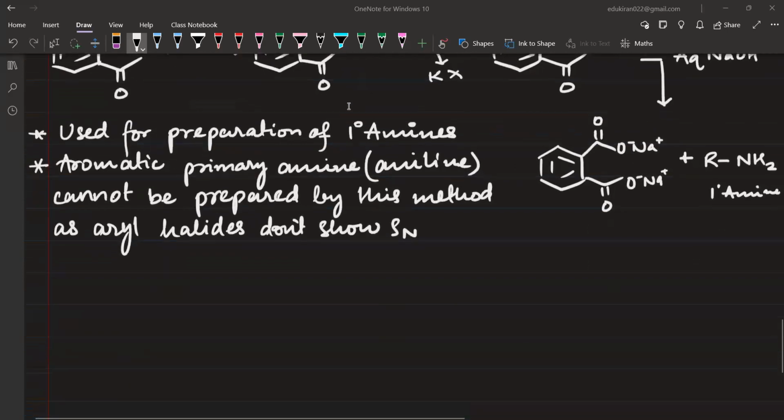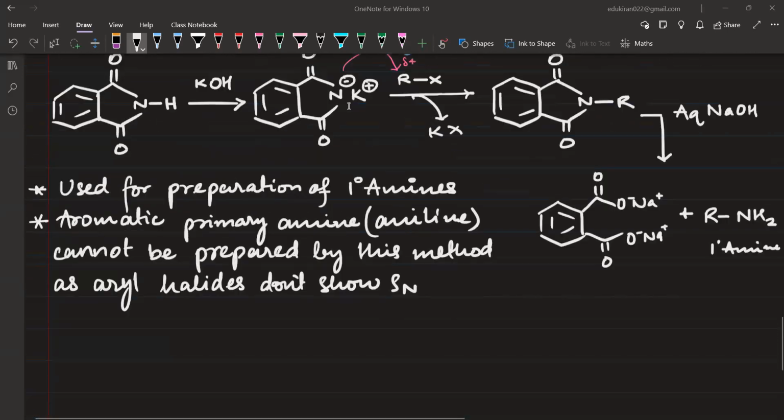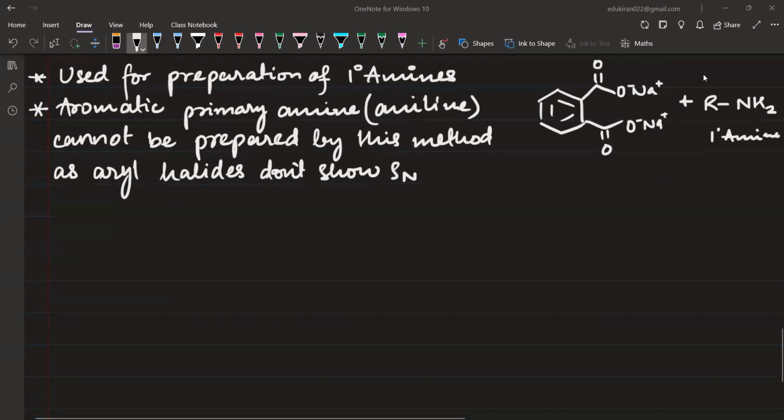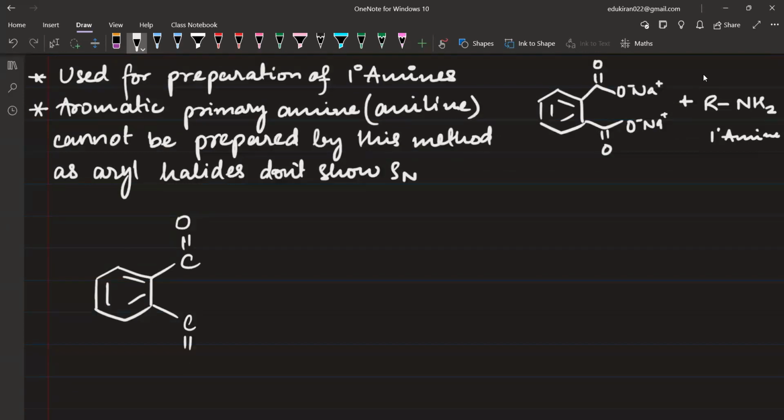Yes, sir. Okay, look carefully. Now, how is this last step happening, please see. You have a benzene ring, and you have carbon double bond O, carbon double bond O, and here we have N, which is bonded with R. We are using aqueous NaOH. So in NaOH, what will you have?